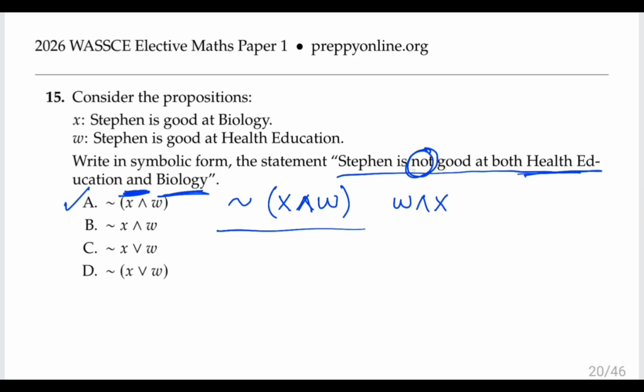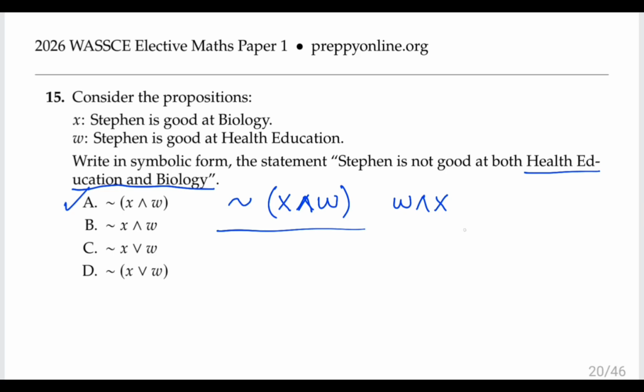Sometimes the way we use certain words in English, when you try to translate them into logic, it's not so clear what they mean. So you can imagine that in ordinary spoken English, if somebody were to tell you that Stephen is not good at both health education and biology, you may reasonably interpret that to mean that he's not good at either of them.